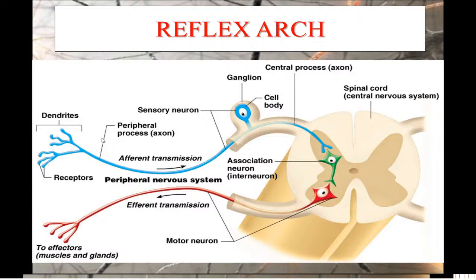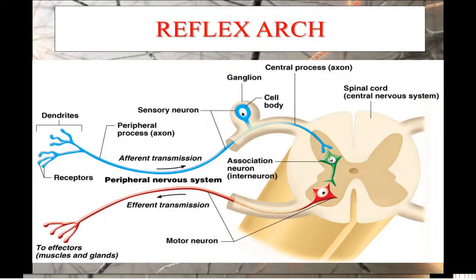The first part is the peripheral process, which performs the function of the dendrite and carries impulses from the receptors to the cell body of the neuron. And the second part is the central process, which carries impulse from the cell body to the spinal cord, to CNS.